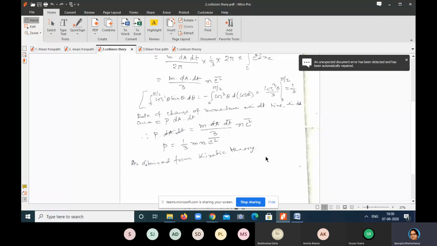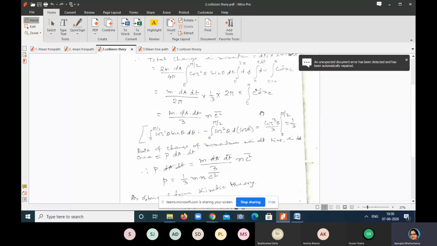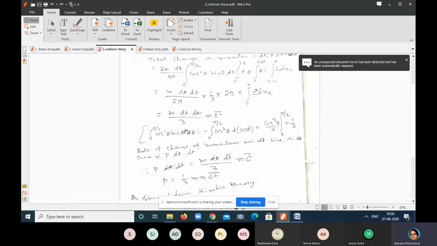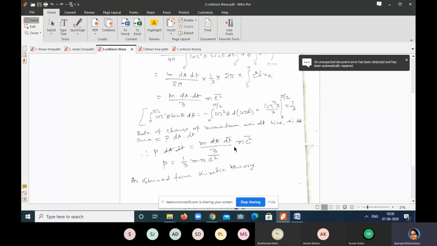So this is obtained from kinetic theory. But if I tell you to find out the value when we have the Maxwellian distribution, then put the exact value of this and see what comes out. In that case, we can maybe find out the ratio of the masses of the molecules if two molecules are given, and so many things we can define considering different temperatures.